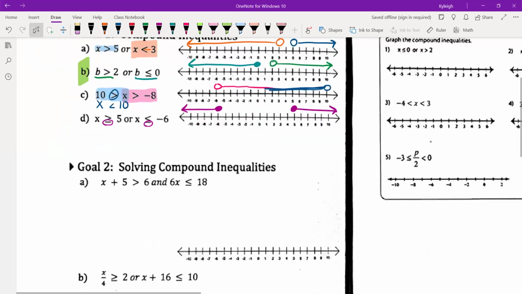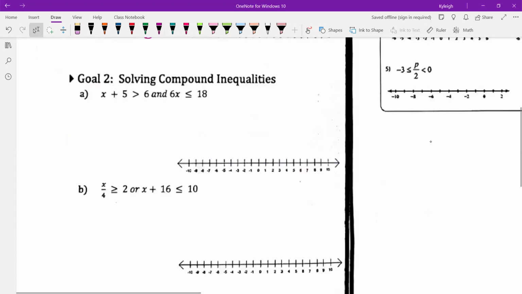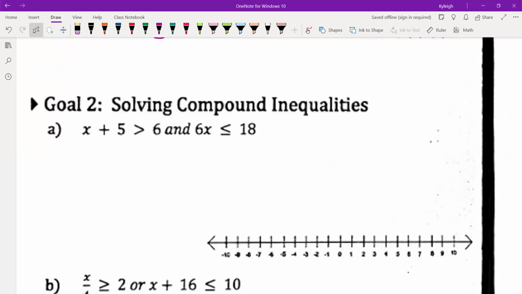Now we're going to make it a little bit more complicated, and we have to solve some things first. Thinking about lesson 3 or 4 and lesson 2, they kind of mesh together. So instead of one inequality we have to solve both to get the answer. Let's start them separately. Opposite of adding 5 is to subtract 5 on both sides. x is greater than 1, so that's our first one.